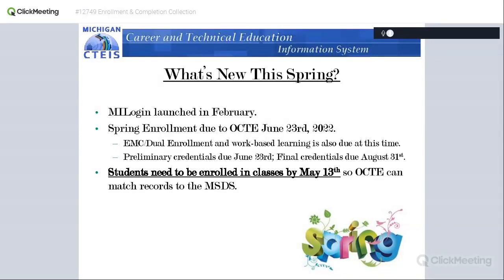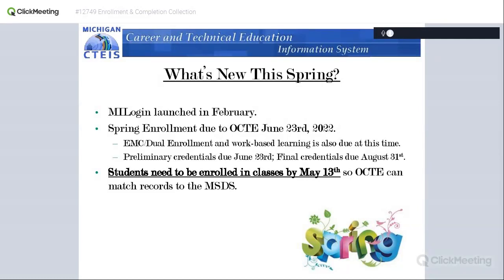All right, so what's new this spring? As I stated in my intro, MiLogin launched in February. So MiLogin is the state of Michigan's single sign-on software that will allow users to access the Career and Technical Information System, or CDIS. You must have a MiLogin to access CDIS.